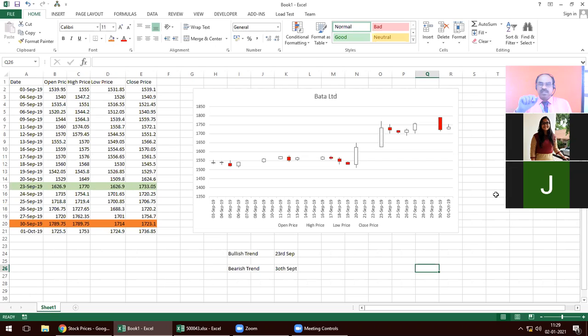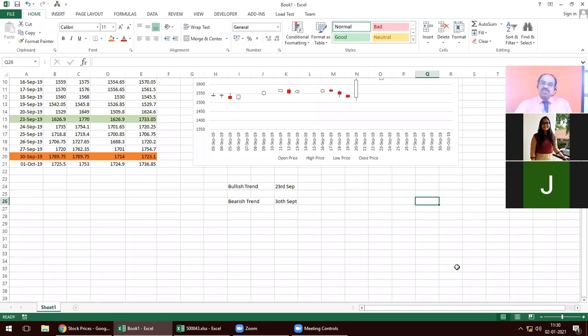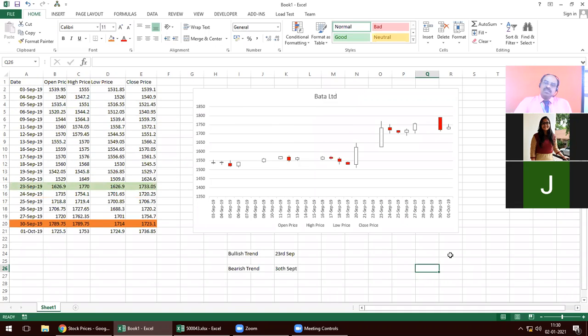Here, I had taken 2019 on the assumption that it is a normal one. Okay. So prepare the chart, find out the bullish trend and bearish trend. This is one method of preparing the chart.